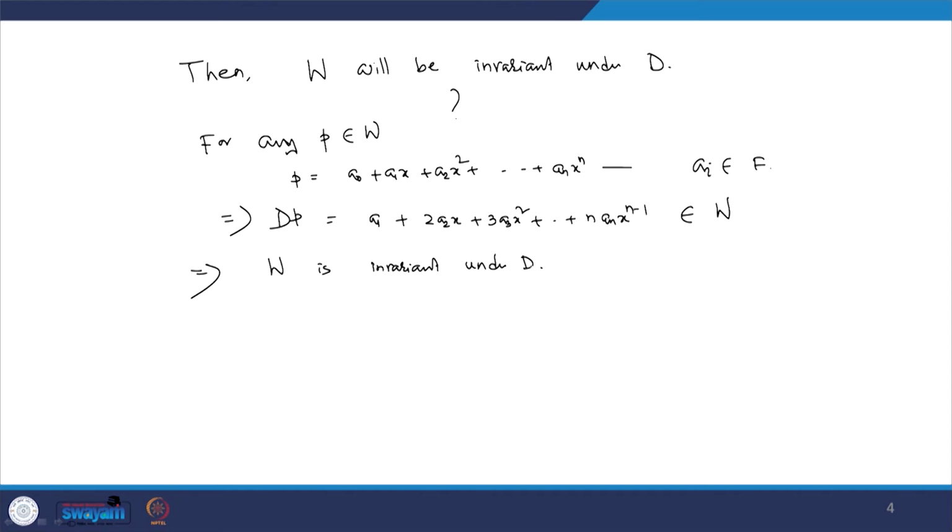Okay. So, let me consider another very interesting result and example like this. Let T and U be two linear operators on a vector space V, which is defined over the field capital F. I am not talking about the dimension of the vector space V here, it may be finite, infinite, whatever.